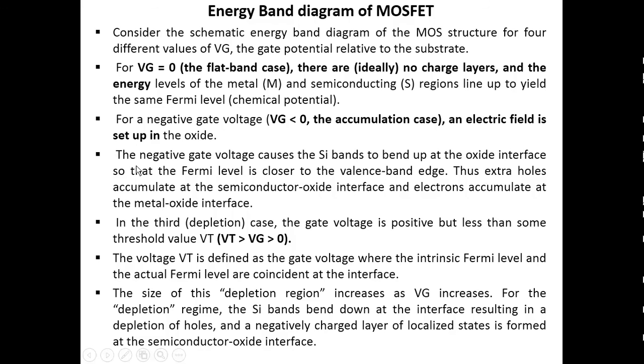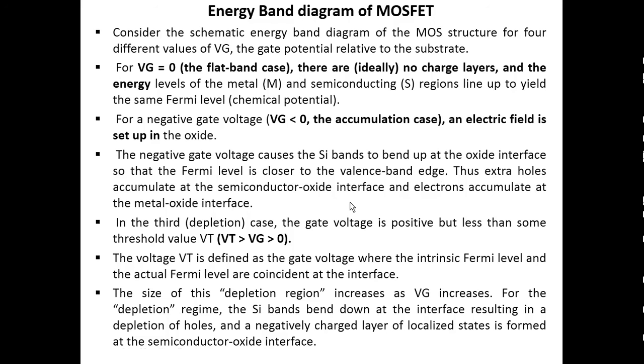Thus, extra holes accumulate at the semiconductor oxide interface and electrons accumulate at the metal oxide interface. So under this condition, when the gate voltage is negative, the silicon bands bend up at the oxide interface, the Fermi level is closer to the valence band, and extra holes accumulate at the semiconductor oxide interface.